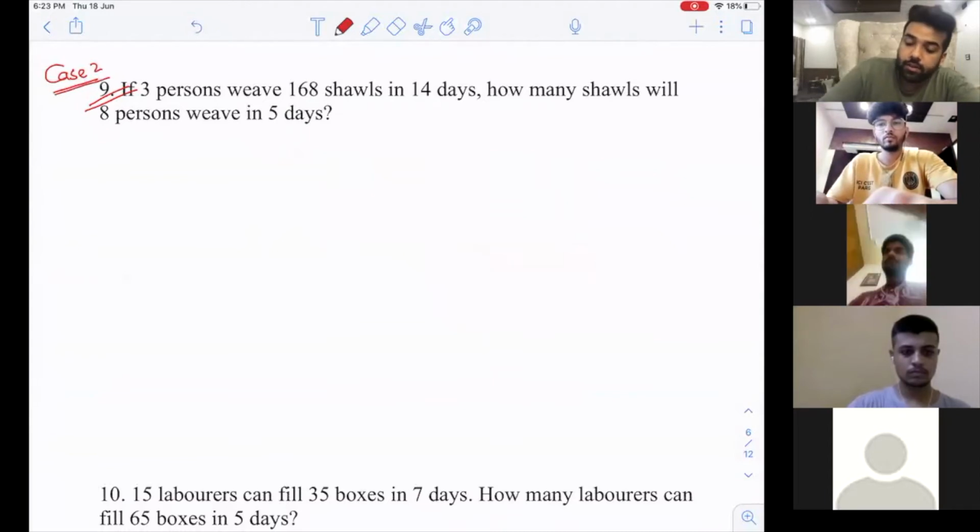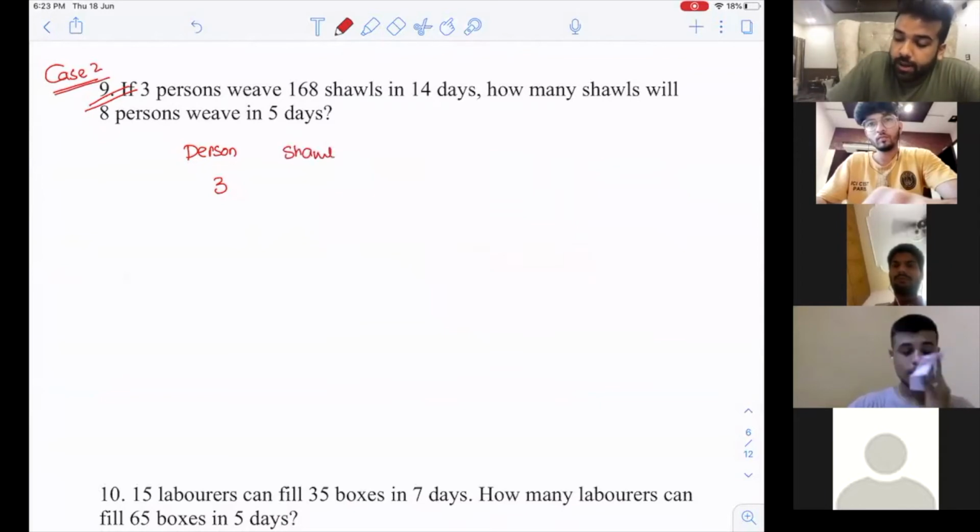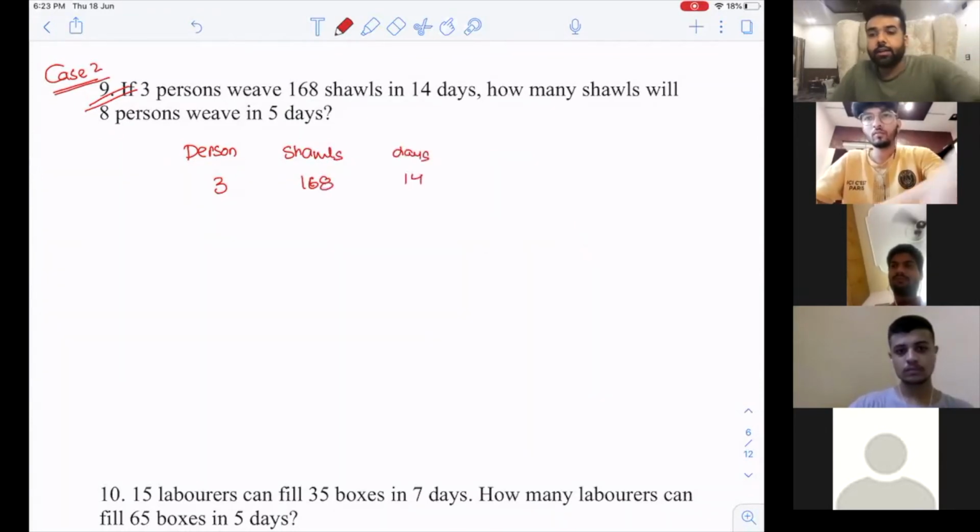What's given? Now is the time I tell you why I'm doing it like this. Why I'm not carrying 1 per person. जो मैं अभी कर रहा हूं मैं वैसे क्यों कर रहा हूं जैसे आप करते रहे हो, कन्वेंशनली क्यों नहीं कर रहा, अब बताऊंगा. 3 factors are given: persons, shawls and days.